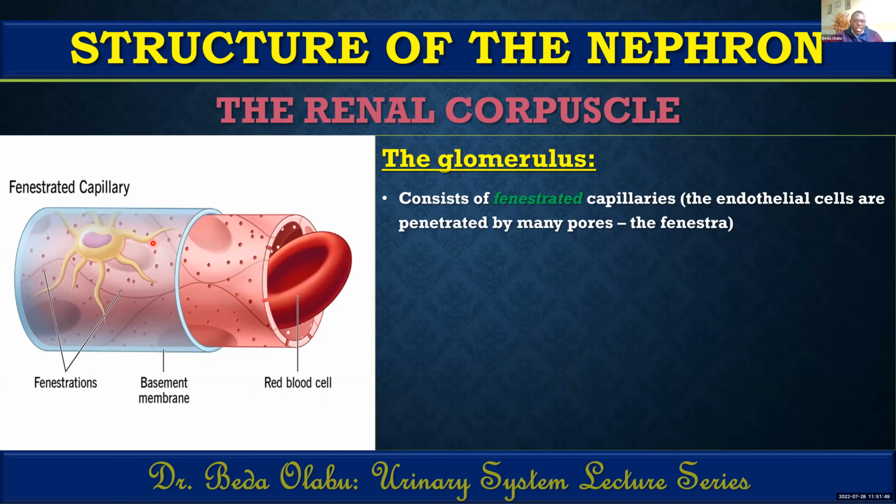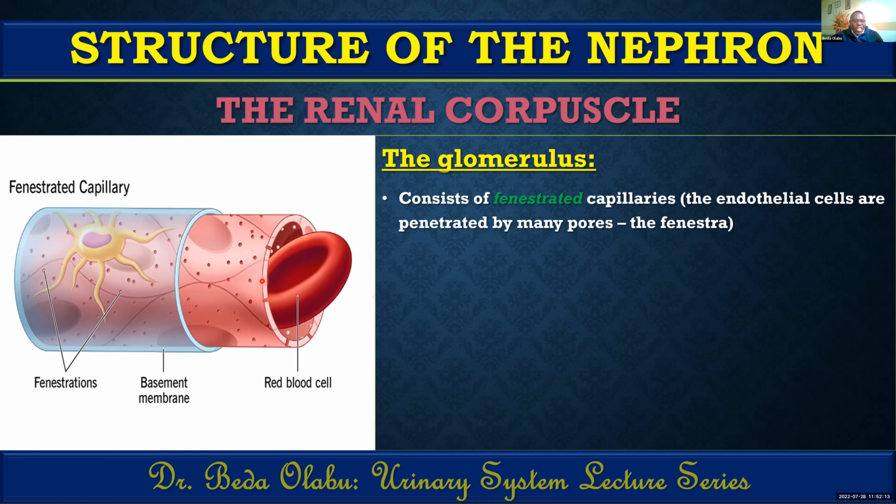Like in this particular image, remember capillaries usually consist of a layer of endothelial cells and the basement membrane. So if this is the layer of cells and this is the basement membrane, a fenestrated capillary has that basement membrane very intact, as we can see in that image.